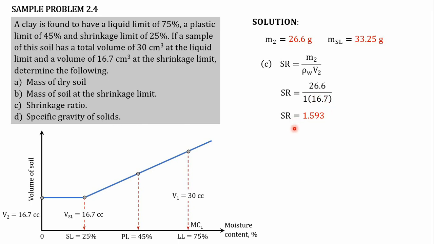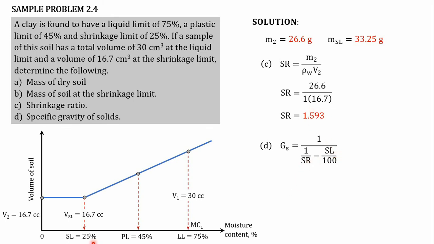Okay? And D, class, no? And D is the specific gravity of solids. Okay, so we know that GS is equal to 1 over SR minus SL divided by 100. Okay? So therefore, meron na tayong SR. Ito yung ating SR, class.